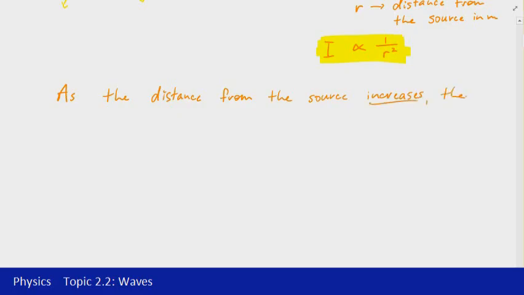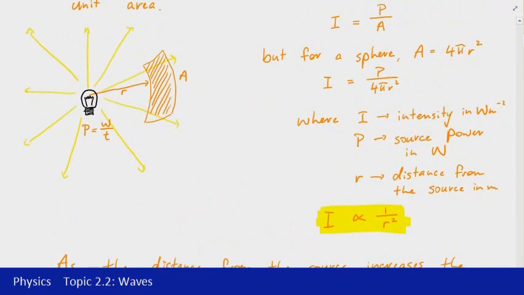the intensity will decrease with the square of the distance. And to explain that in a little bit more detail, as an example, imagine we start off with that diagram that we've got there.